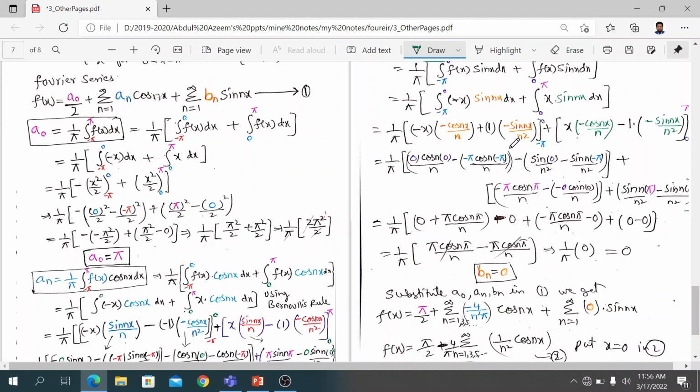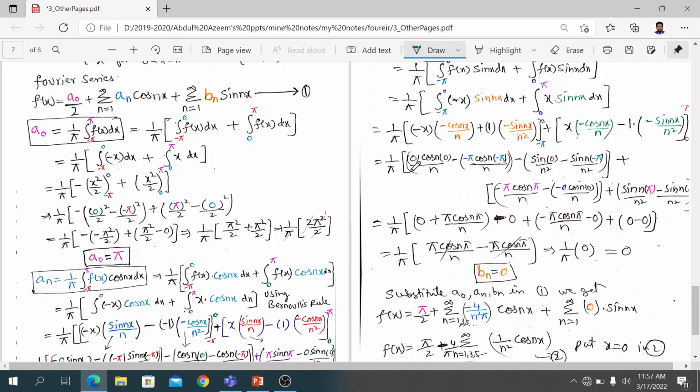Now for the second one, with x as it is by Bernoulli's formula, x derivative is 1. Sin nx integration is minus cos nx by n, and again integration gives minus sin nx by n square, with limits 0 to pi.